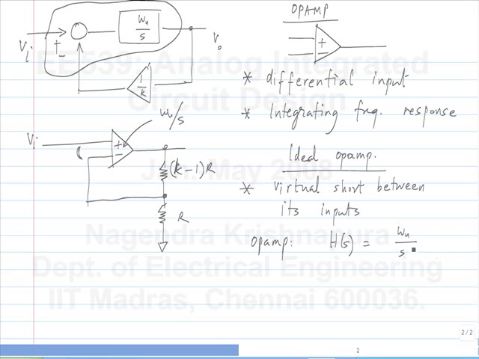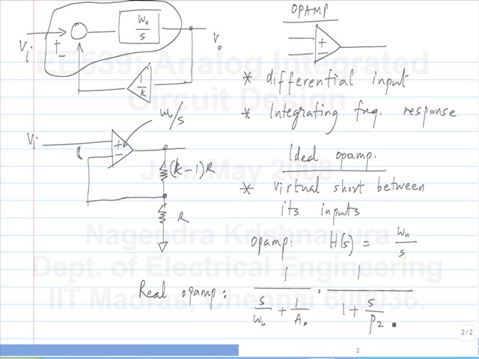Now, in reality, it's not going to be even this. A real op-amp will have a finite DC gain A0, and also a second pole and probably a third pole and some zeros and so on.